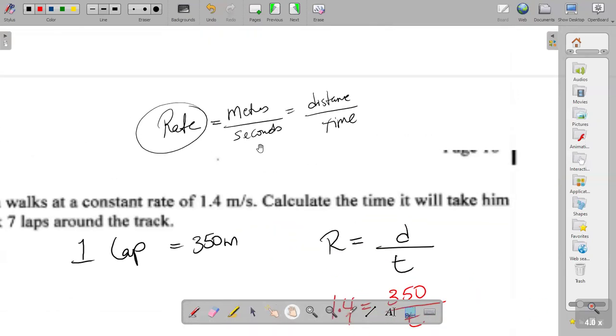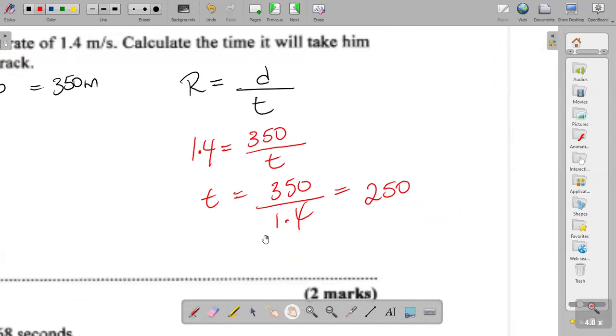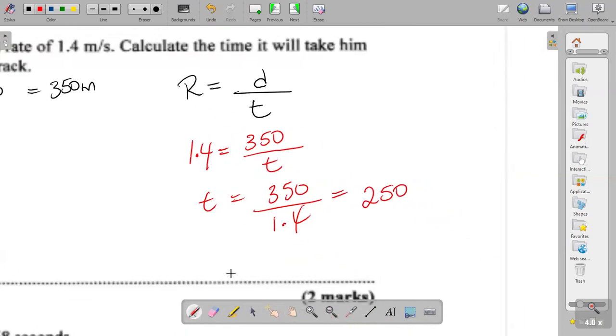Then what we said at the top, in the beginning, meters per second. I wish I could be in the exam peeping over your shoulder. If I see something like this, I'd be like, what are you doing? So the answer is 250 seconds.